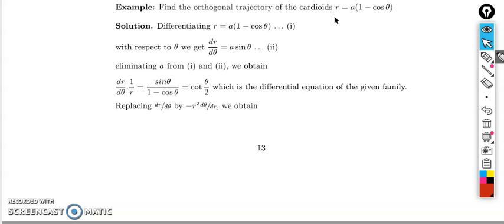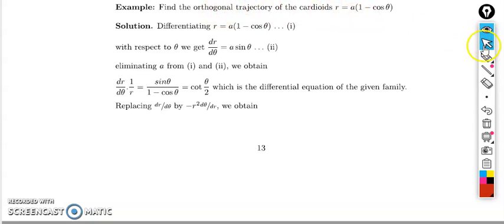Next we replace dr/d theta by minus r square d theta/dr to find the differential equation of the orthogonal trajectory. After finding the differential equation of the orthogonal trajectory, you solve this differential equation to get the required equation of the orthogonal trajectory. Here you use the same procedure.